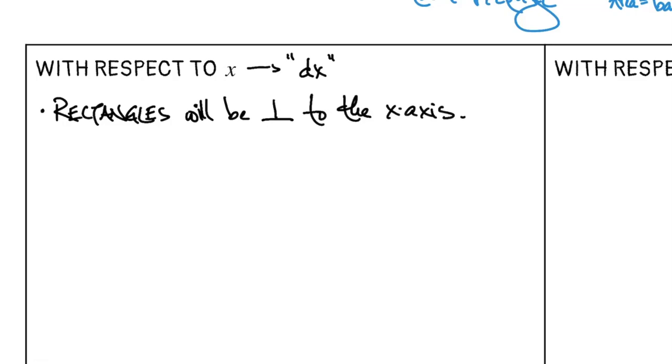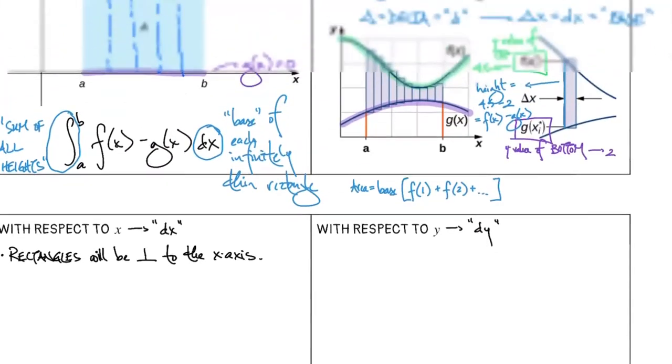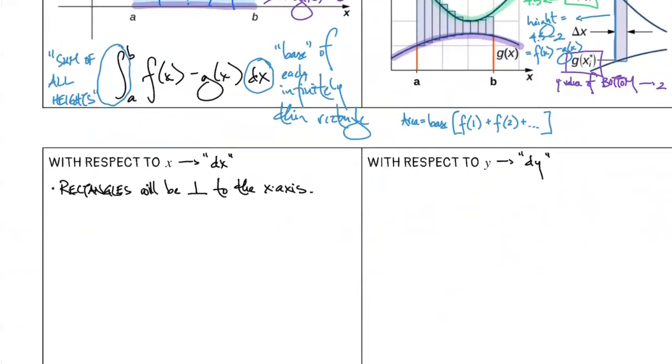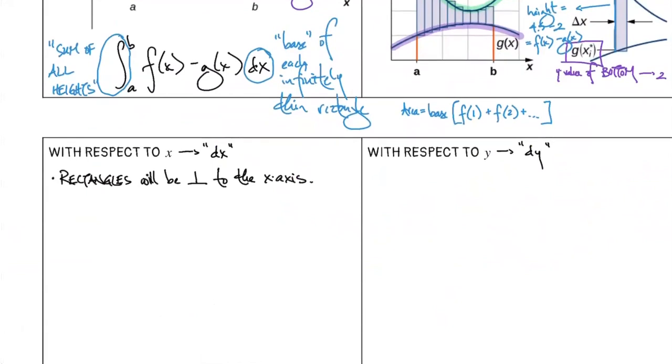All of our rectangles will be perpendicular to the x-axis. And if we look back up here, we see that our rectangles are like this, and they are perpendicular to the x-axis. The heights of the rectangles go up and down, but the x-axis goes side to side.